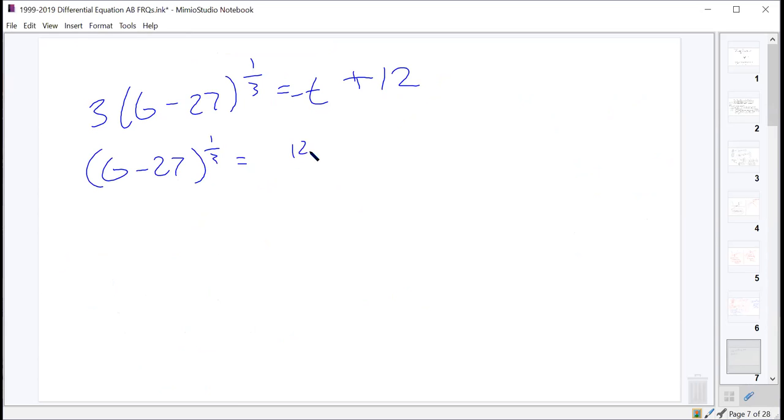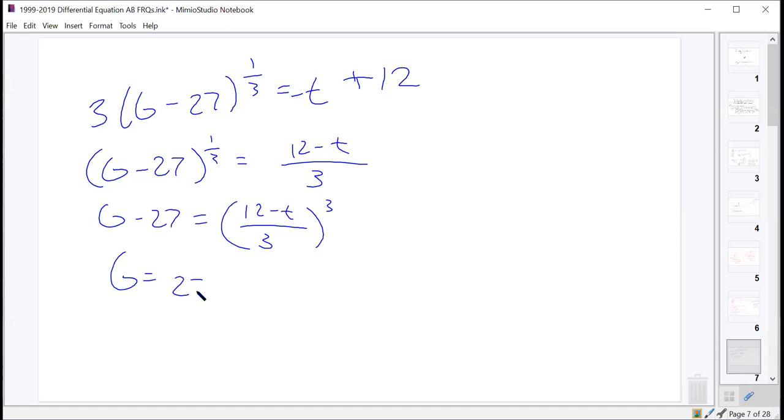I'm going to write this as 12 minus t just for fun. Seems like then I have to write less things. And then we're going to cube everything. And then we're going to add 27. And there is our temperature.